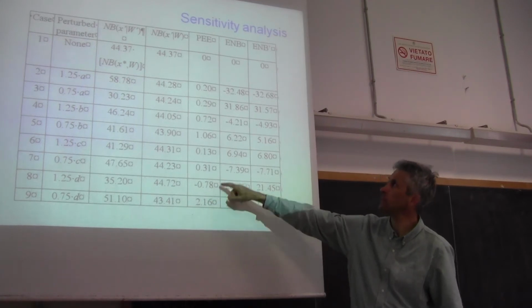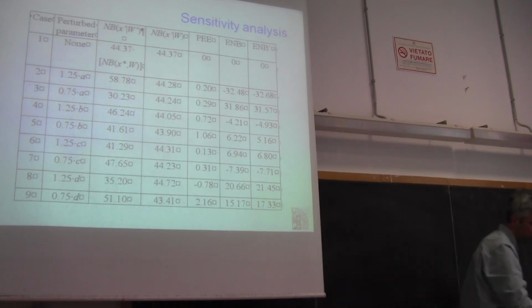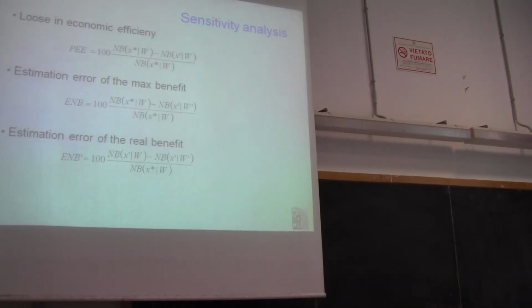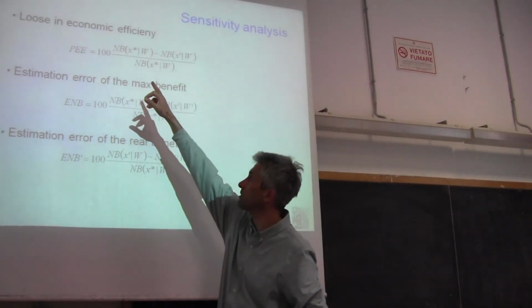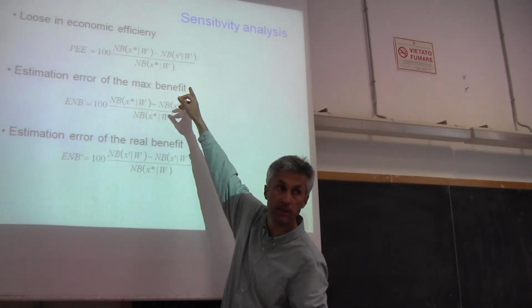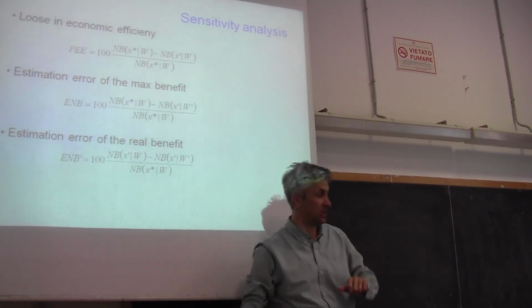Because if we look at this index, PEE, it should be equal to, let's go back, PEE is equal to NB X star W minus NB X prime W. And I should look now at these two values, NB X star W and NB X prime W, for the perturbation 1.25D.